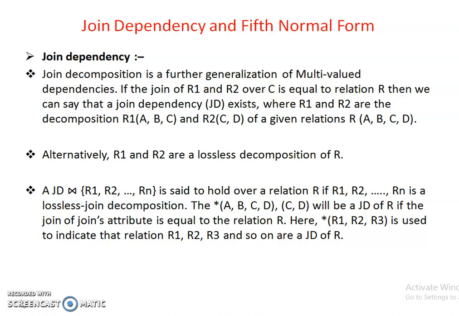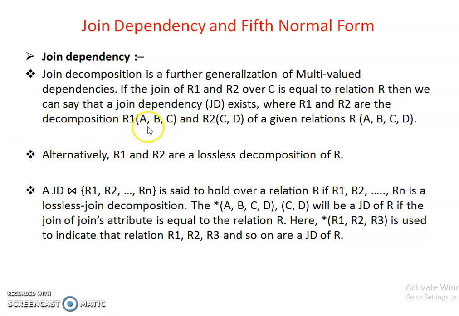If we restrict the legal relations on R to satisfy the join dependency of R, which is nothing but R1, R2 up to Rn, it means that if the join of R1 and R2 over C is equal to the relation R, then we can say that a join dependency exists, where R1 and R2 are the decomposition of R.